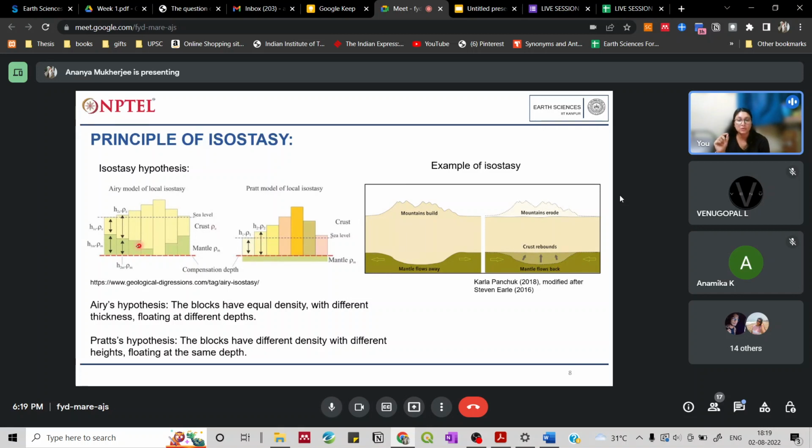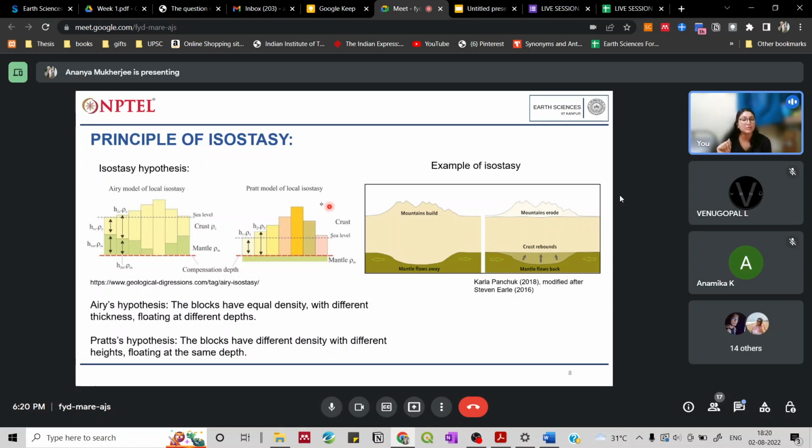So suppose I decrease the height of this block, then the block will rise up. That is what it means to have isostatic compensation. And Pratt's model suggests that all the blocks have the same compensation depth but different heights, and with different densities also.